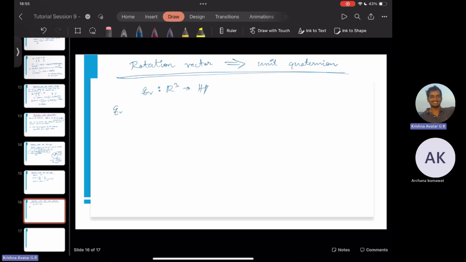Now Q vector is defined, we'll take this rotation vector as an argument, and this is equal to QA, which is associated with the rotation by this angle of rotation, which is of course a function of V vector, and the axis of rotation, also a function of V vector. This is represented explicitly as cos of V by 2, and then V vector by small v into sine of V by 2. So this is what it is.